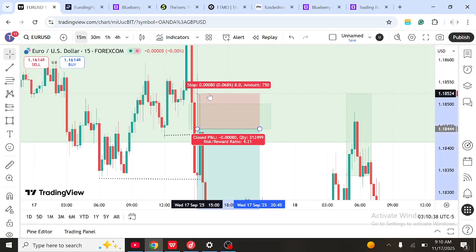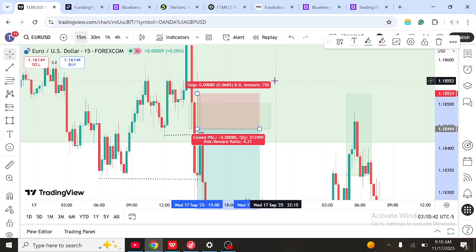Now let me explain something here. Because this pullback does not have a wick, unlike the other ones that we've been doing, our stop loss is supposed to be at the top of the pullback.